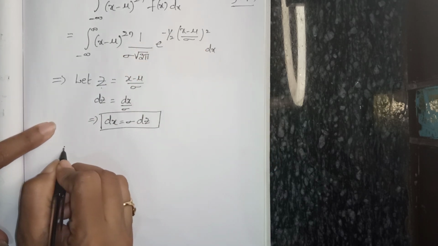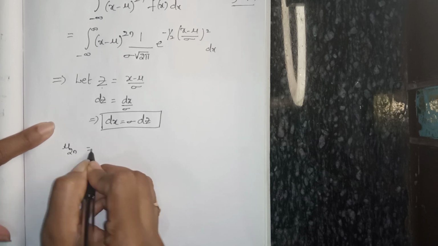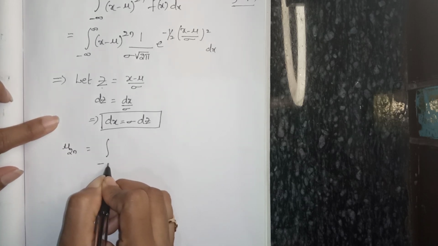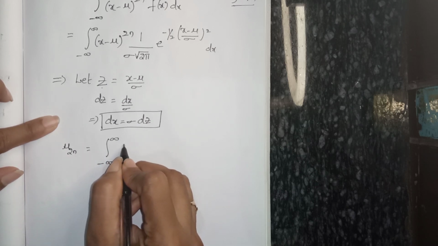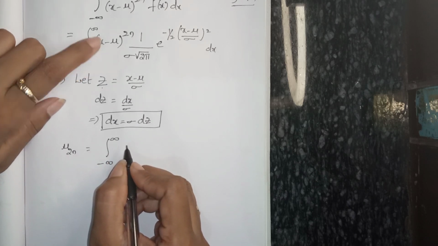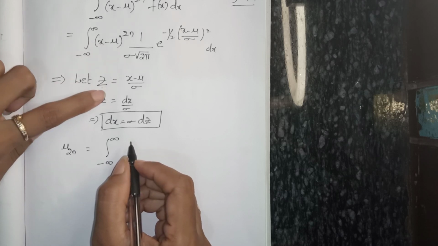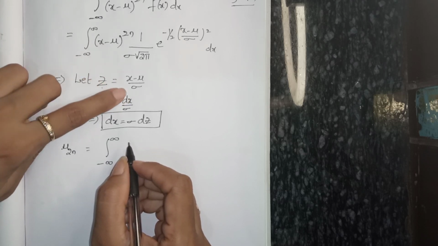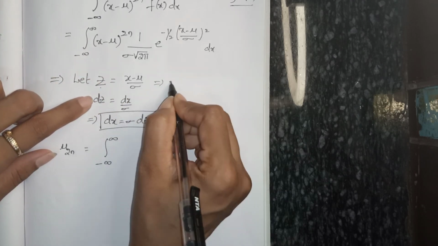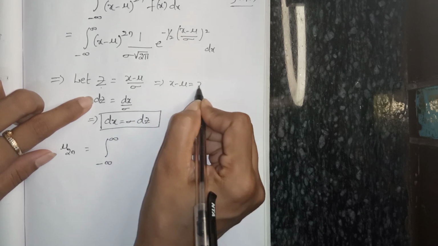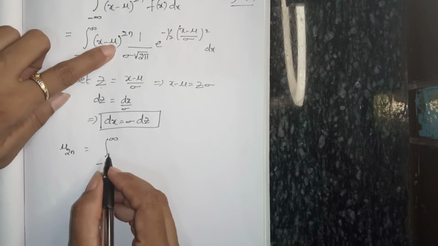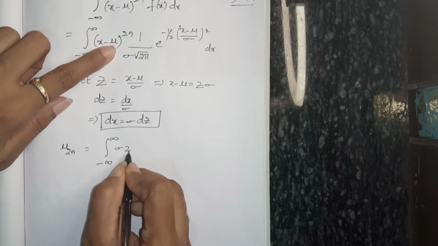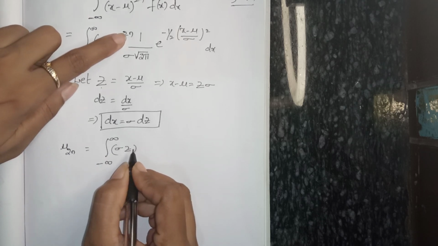So mu 2n equals the integration from minus infinity to plus infinity. Here x minus mu equals sigma z, so (x minus mu) whole power 2n is (sigma z) whole power 2n.